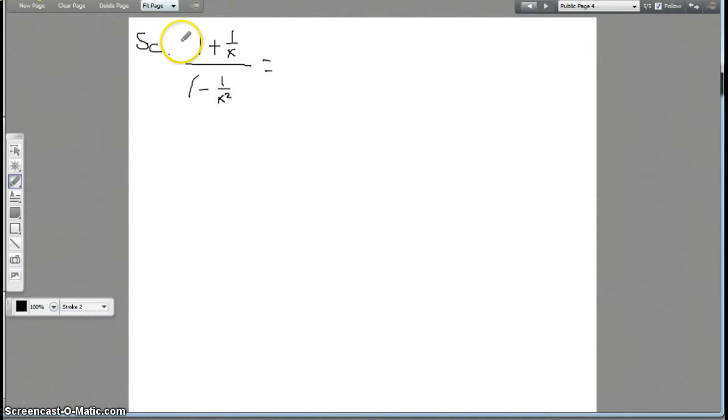So in the numerator, I'm going to multiply this first number by x over x. And in the denominator, I'm going to multiply this by x squared over x squared. So in the numerator, I'm going to end up with a common denominator of x, and I will have x plus 1 in my numerator. The denominator, I'm going to have a denominator of x squared, and I'm going to have x squared minus 1.